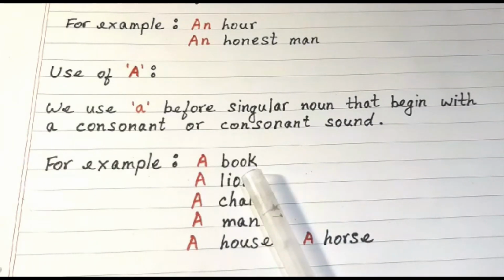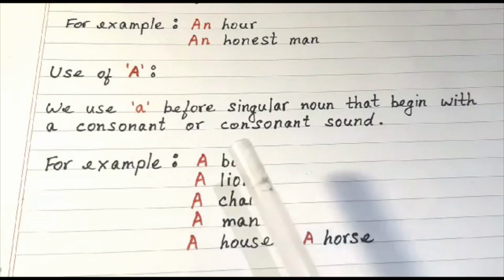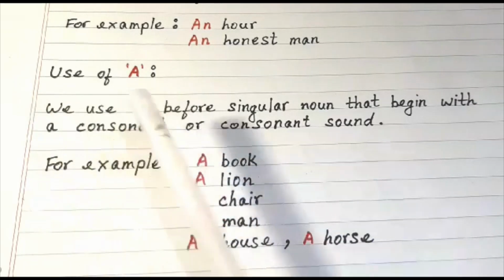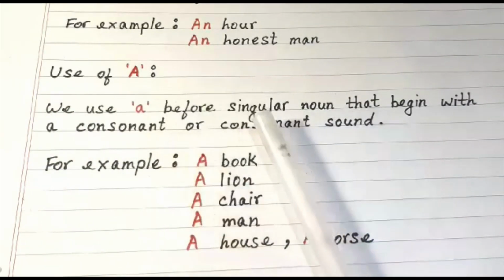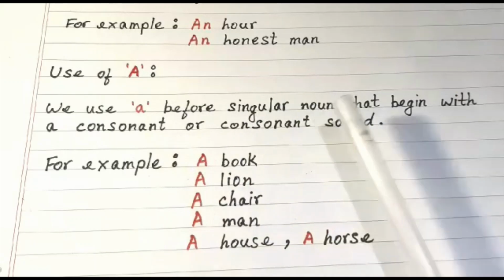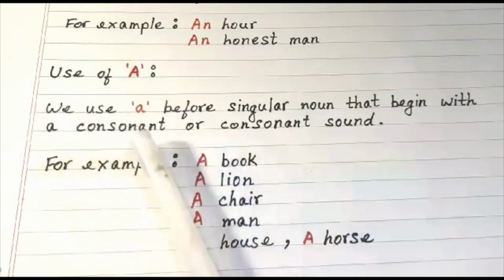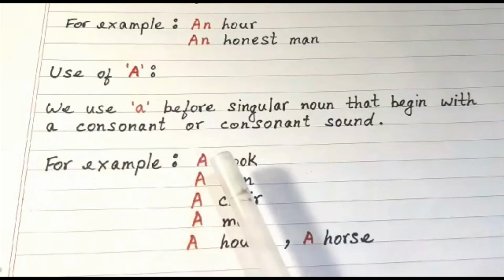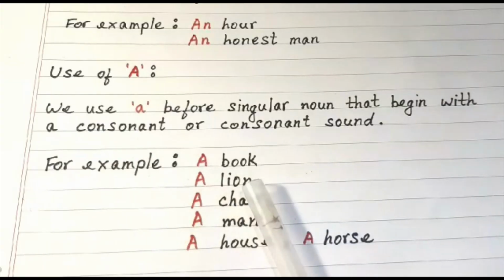So we use the word a before this word and we say a book. Alright? So we use a before a single noun that begins with a consonant or consonant sound. For example, a book, a lion, a chair, a man, a house, a horse. Clear?